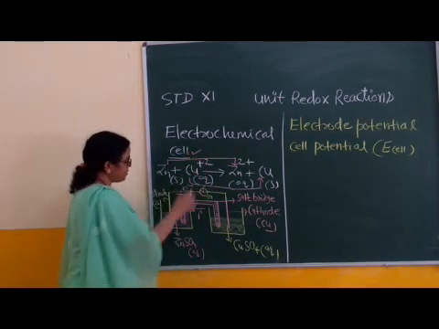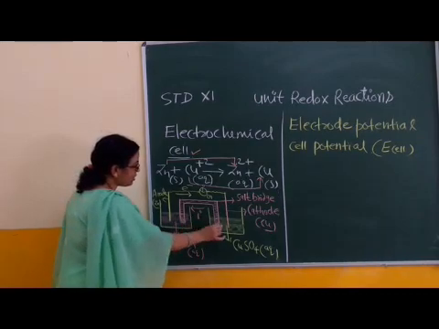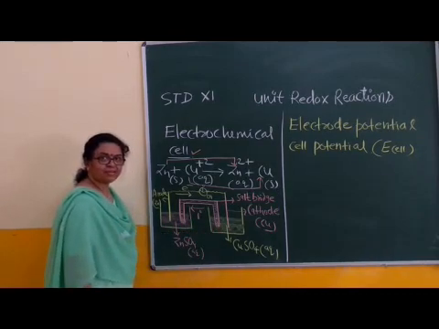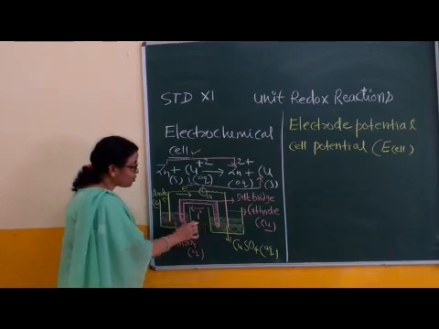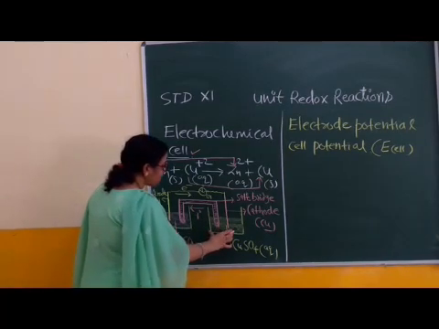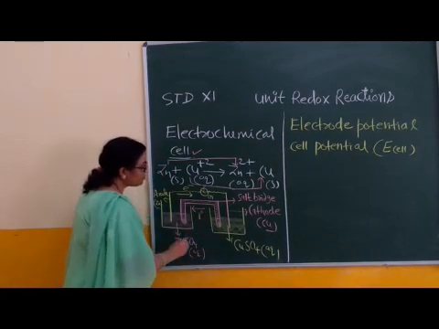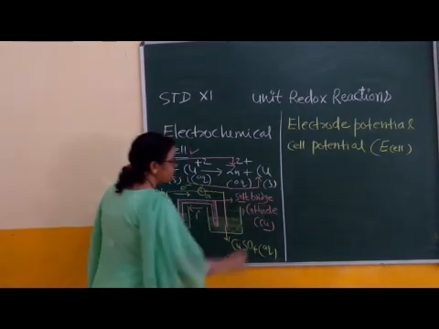For an electrochemical cell, two different electrodes are required, two different electrolytic solutions, and a connection for the two half cells. This is one half cell, this is the second half cell, and the connection between the two is a U-shaped tube which is called a salt bridge.